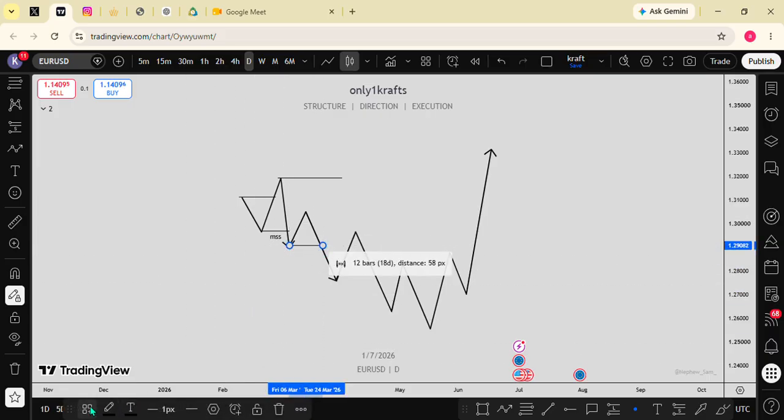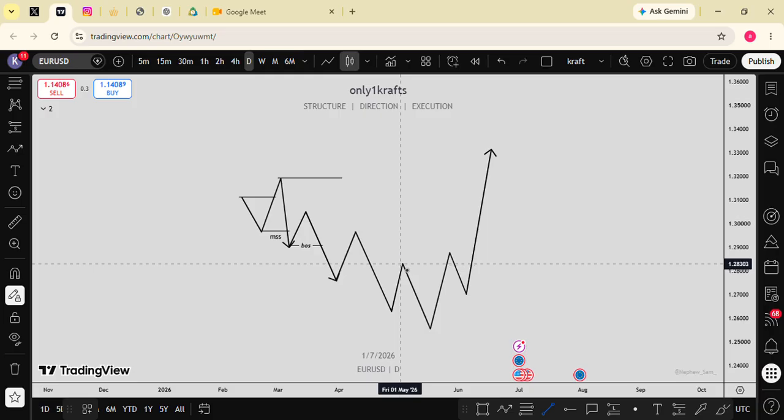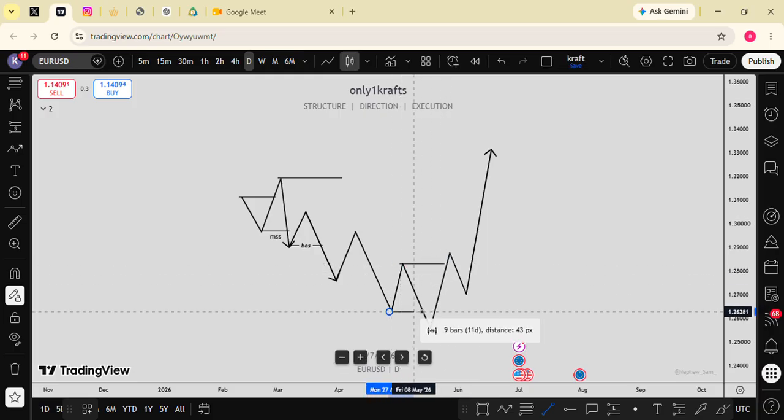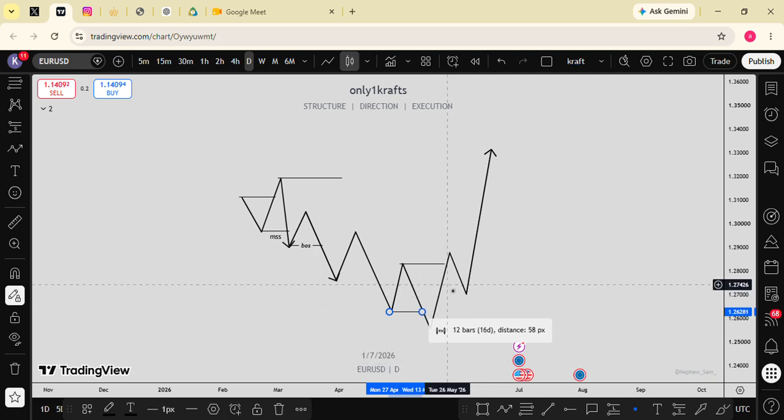This is a break of structure. This is another break of structure. This is another break of structure. Now what happened here? We got the market structure shift because it is opposing the last direction which we broke structure to, right?